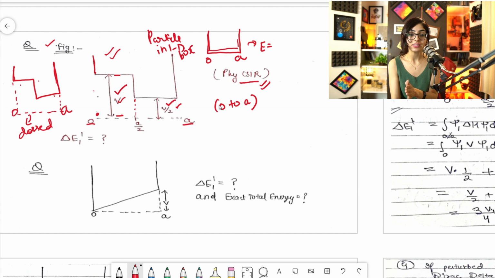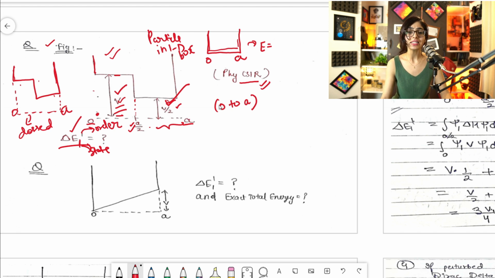It is given as A by 2. So the first half is perturbed by V, and the second half is perturbed by V by 2. Clear? We need to find the energy correction in the ground state. This subscript shows the state, and this superscript shows the order. So we have to find the first order energy correction in the ground state.